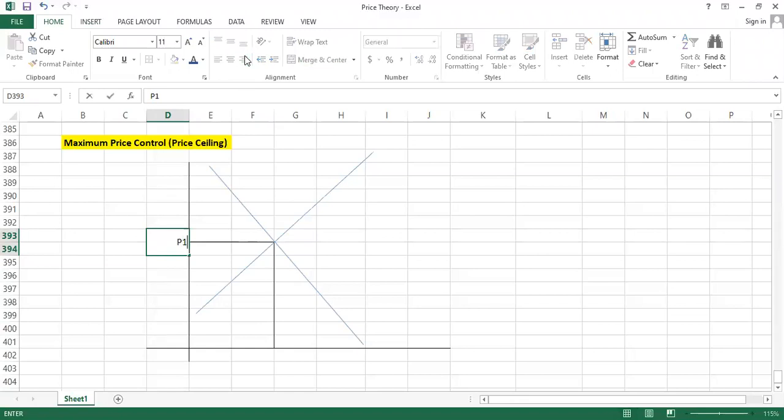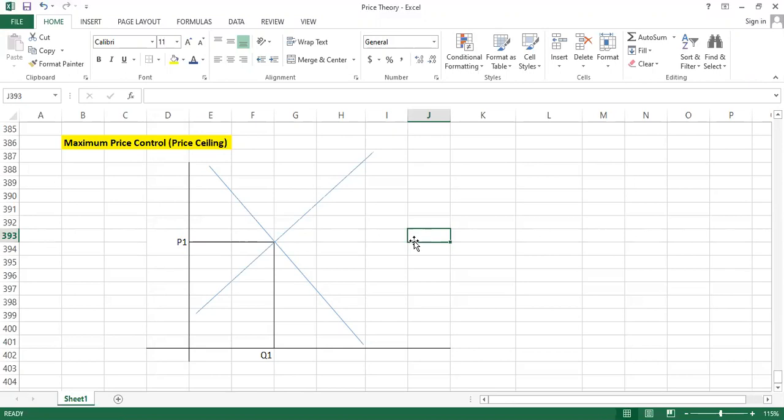Suppose this price is too high, and it is very difficult for consumers to buy this product at this price. Now the government is considering imposing a maximum price.